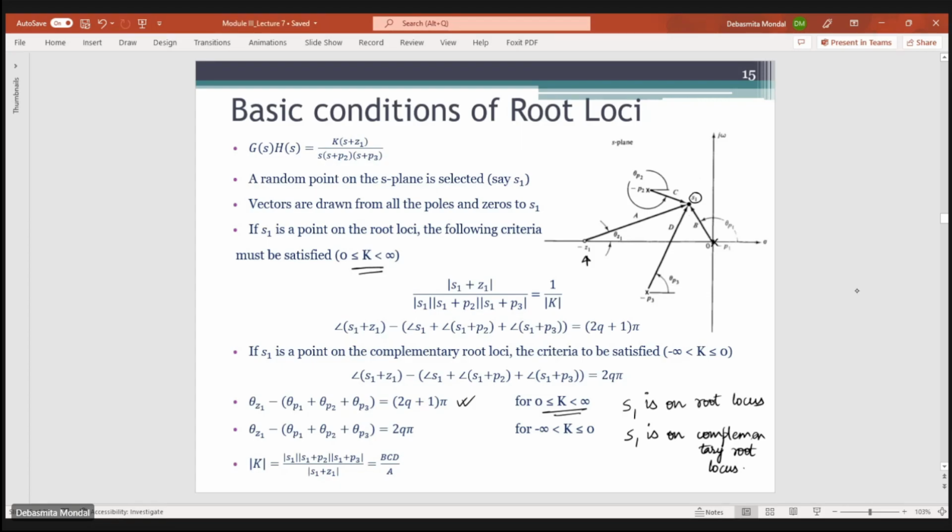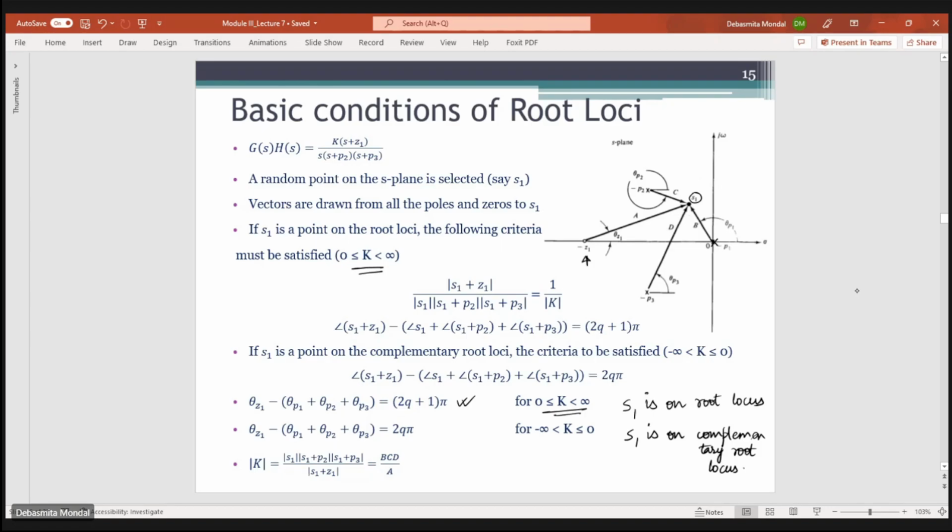So we know the vector lengths. Let's say this is A, this is B, this vector length is D, and this vector length is C. This should satisfy the equation equal to 1 by modulus of K. So the magnitude of K will be equal to the vector lengths of the vectors drawn from the poles to that point divided by the vector length of the vector drawn from the zero to that point.